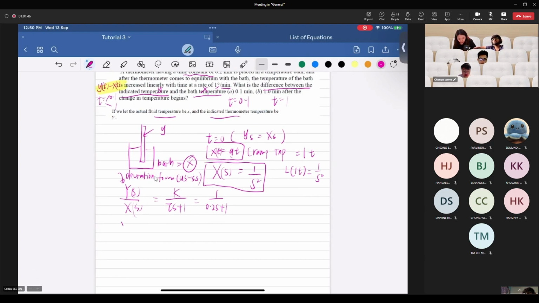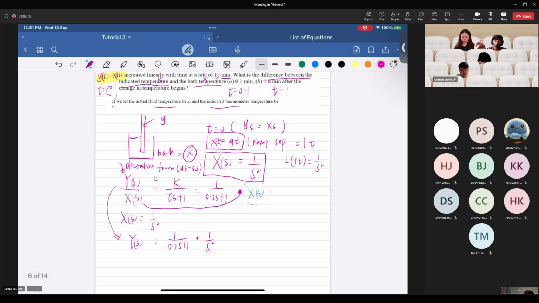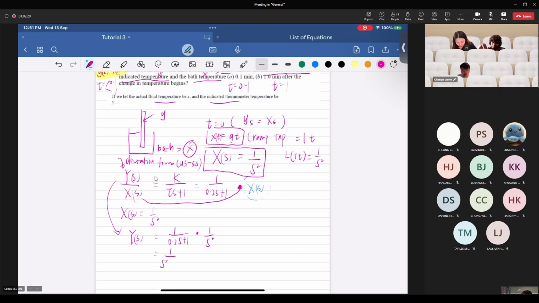In this case, XS is 1 over s squared. So YS is equivalent to 1 over 0.2 s plus 1 multiplied with XS, so that XS moves to this side. So this will be 1 over s squared times 1 over 0.2 s plus 1, which is 1 over s squared, 0.2 s plus 1.